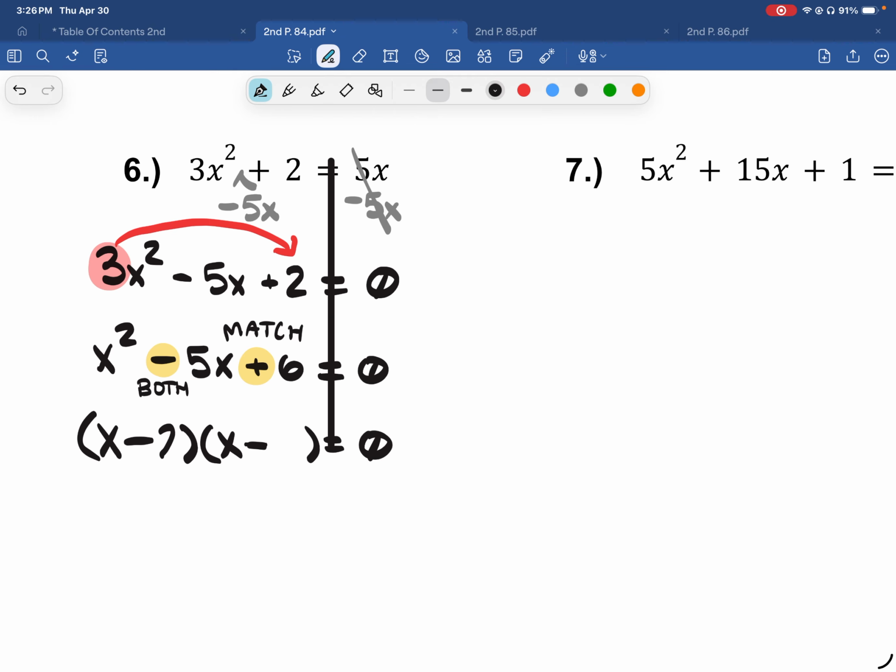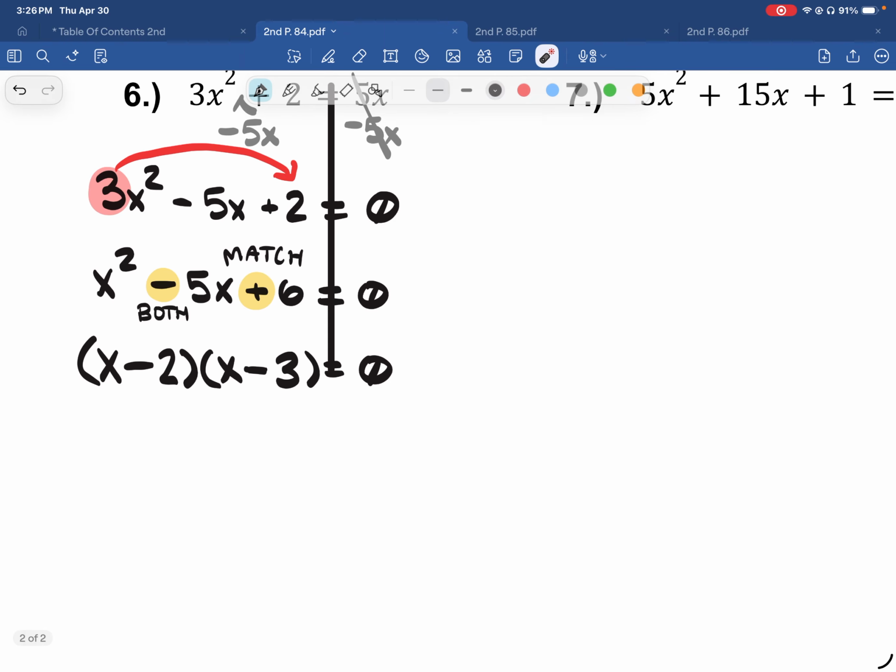And those numbers are just going to be negative 2 and negative 3. So negative 2 times negative 3 is 6. Negative 2 plus negative 3 is negative 5. Now, a factor of x minus 2 would give you a solution of x equals 2. And a factor of x minus 3 will give you a solution of x equals 3.